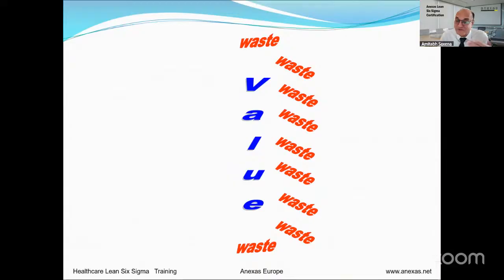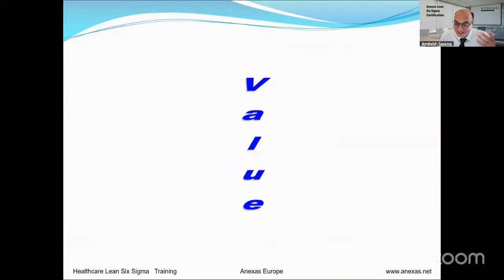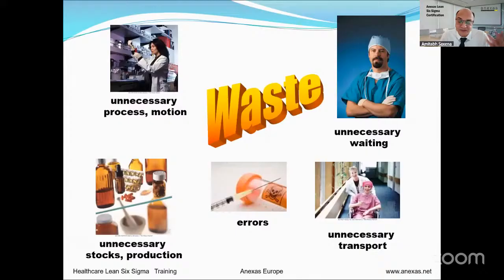The whole idea is to remove the waste so that you can create value. Fax machine, what is the value they are adding to your organization? Any document can be sent anywhere in the whole world. Still you have a fax machine. What a big waste. And everyone is living with that waste. No one questions that. So these are the kinds of things that are there. Unnecessary process, motion, unnecessary waiting, errors.